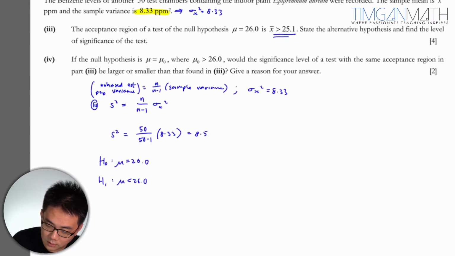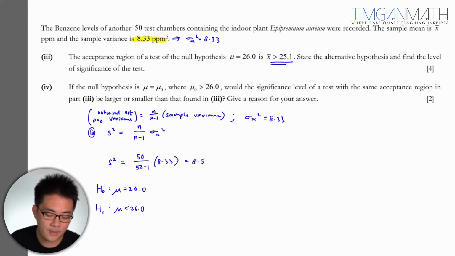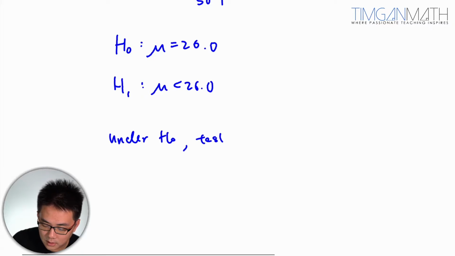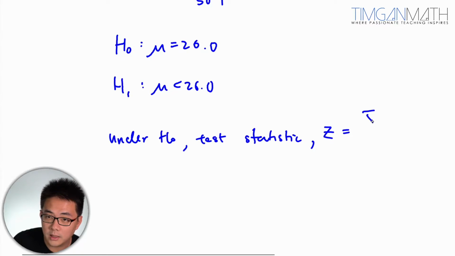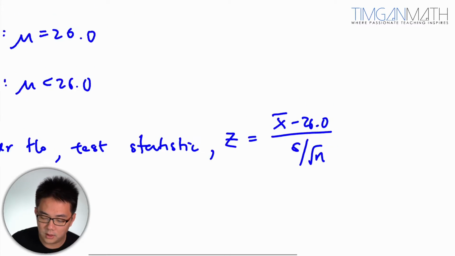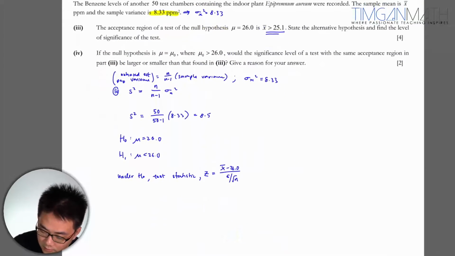So just take note, the population is not told to be distributed normally, but since n is large, basically under H0, the test statistic would just be z equals to x bar minus 26.0 over s over square root n, where n is actually 50.